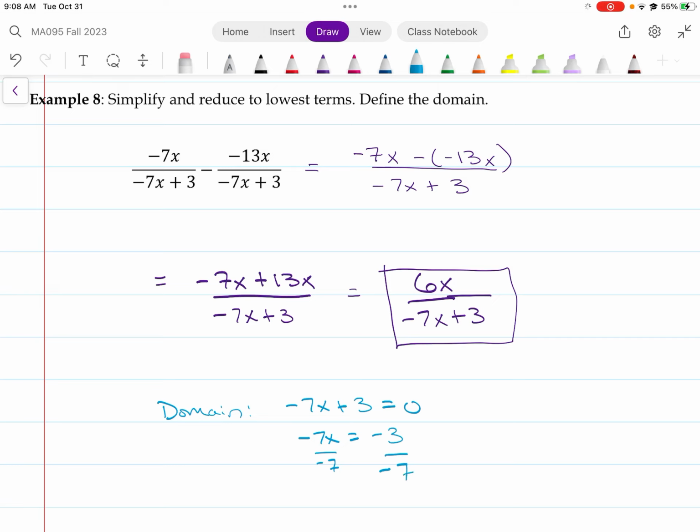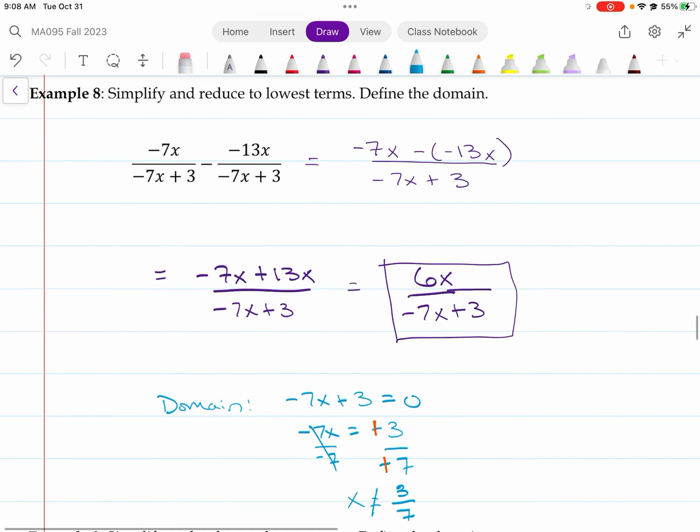Divide both sides by negative 7, and we're going to get x equals, what happens when we take negative 3 over negative 7? The negatives are going to cancel out, so don't forget to cancel those. And we get 3/7. All right, so that is where x cannot be 3/7. So the domain is all real numbers except for 3/7.